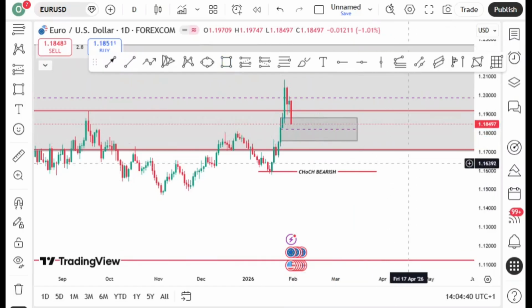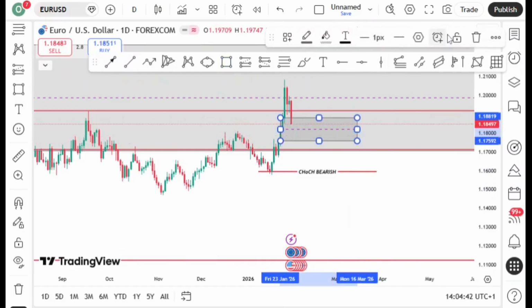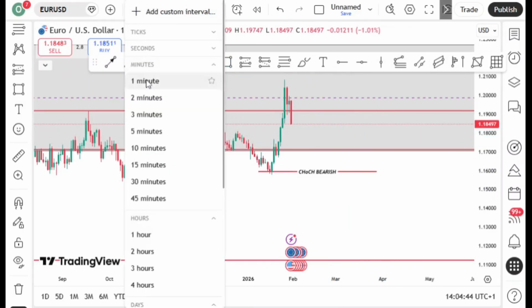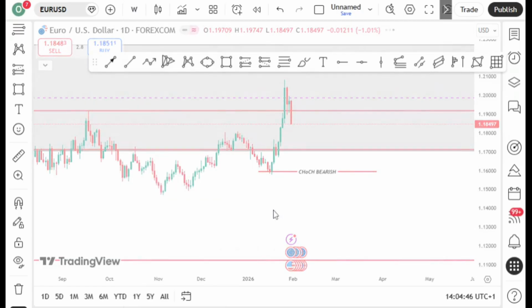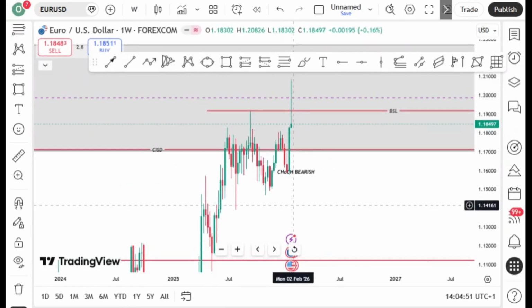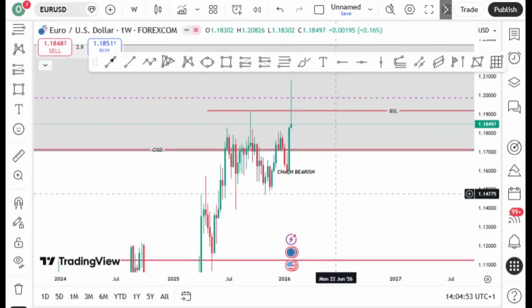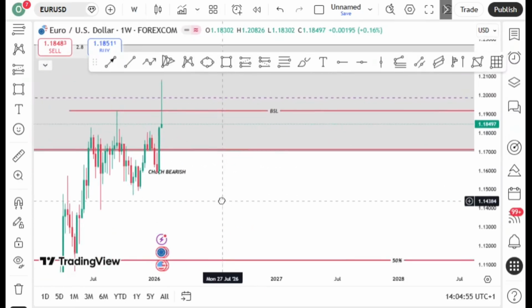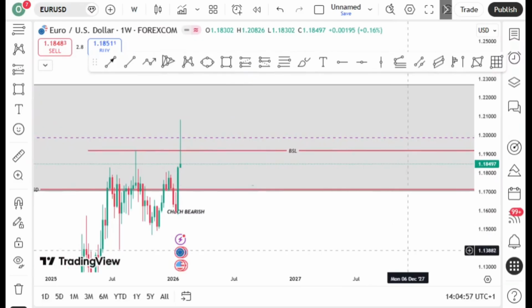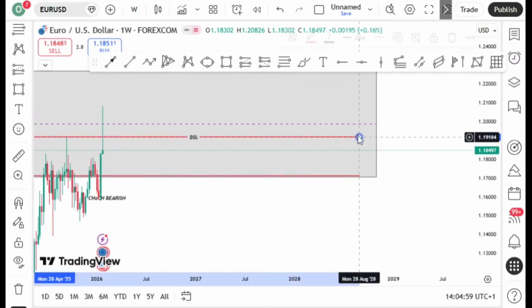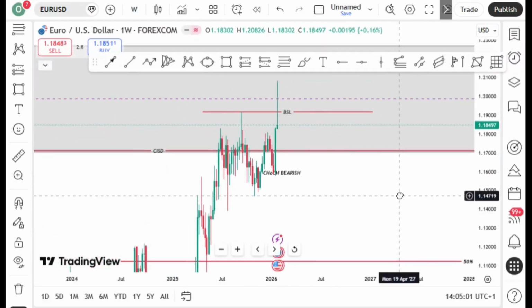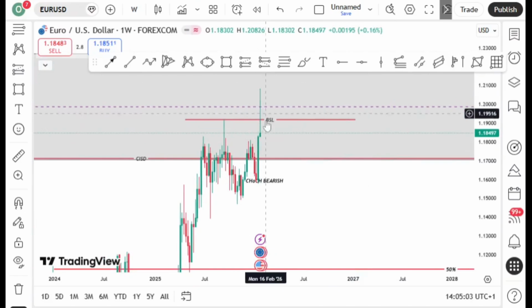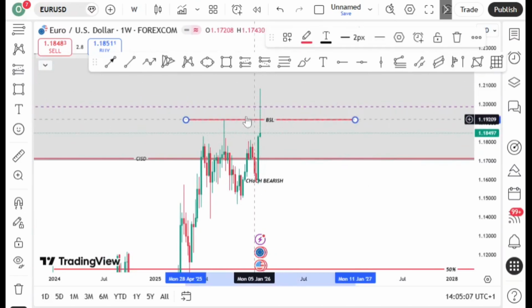But let's see what the market makers have to create during the first week of February. So now we have our sell side liquidity, our buy side liquidity up in here, and we can see we have a very big rejection which is currently occurring.